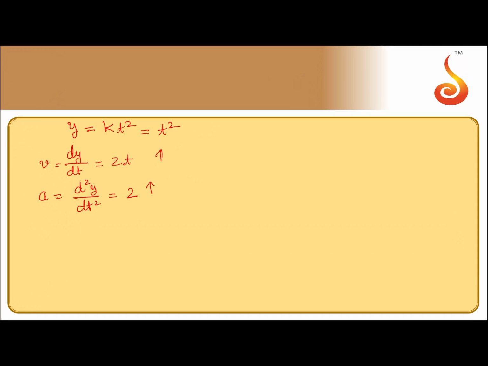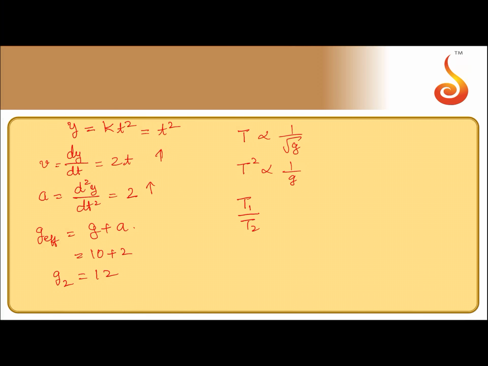So when it is moving up with constant acceleration, the effective acceleration will be equal to g plus a. So that is equal to 10 plus 2, that is equal to 12. So let me call this as g2. So t is inversely proportional to root of g. So t square is inversely proportional to g.